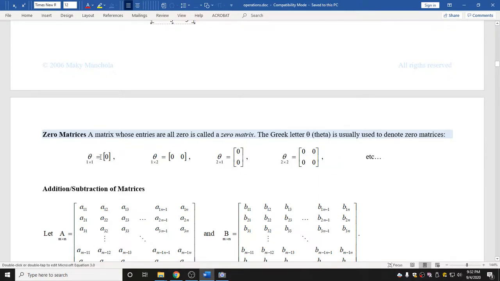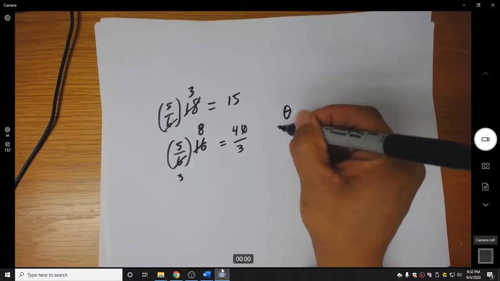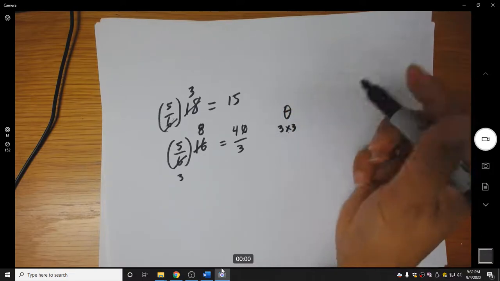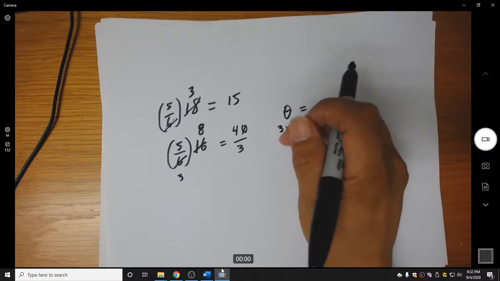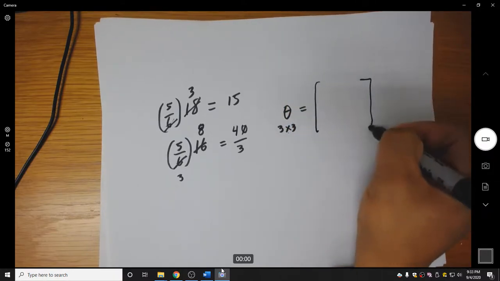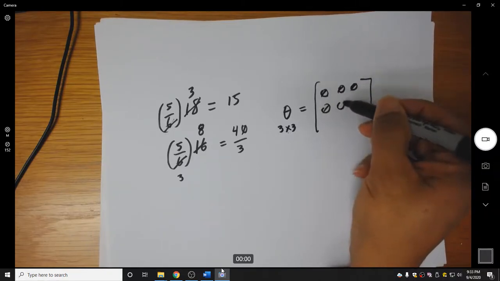Here is the 1 by 1 0 matrix, the 1 by 2 0 matrix, the 2 by 1 0 matrix, the 2 by 2 0 matrix, etc. So if I asked what is the 3 by 3 0 matrix, 0 matrices are denoted by the Greek letter theta. So the 3 by 3 0 matrix is simply the 3 by 3 matrix that has all zeros as its entries.